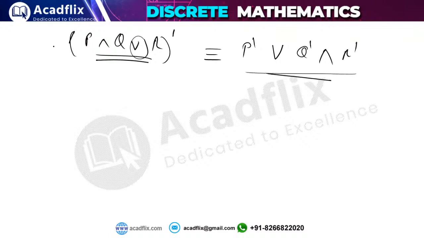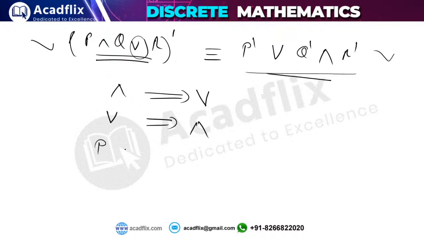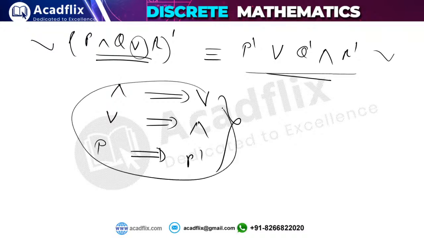This thing is the same as this thing. Okay, this is your Demorgan formula: conjunction becomes disjunction, disjunction becomes conjunction, and every propositional variable p becomes p dash.